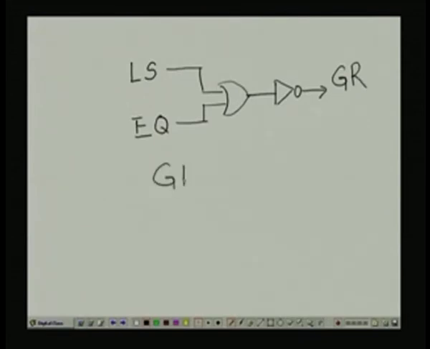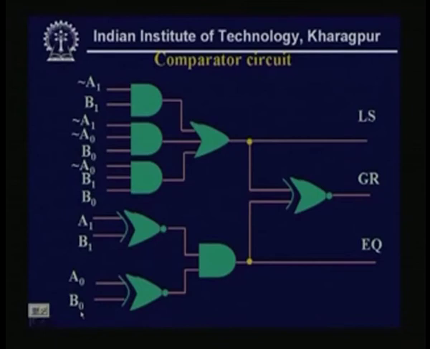So, GR is the complement of EQ plus LS. In this way we can still reduce the GR circuit, and mainly this has been done here, with LS and EQ, by XORing.